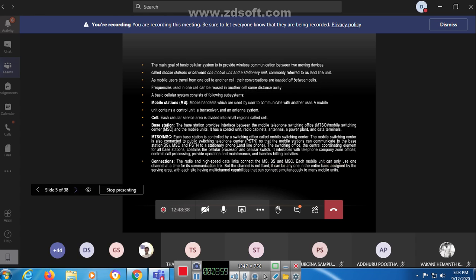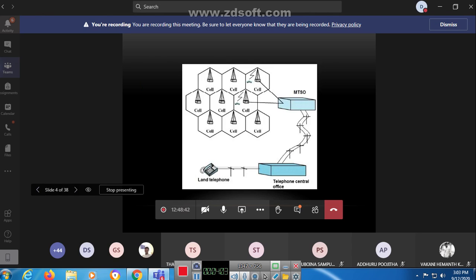Next, we already know the cell shape. What are some definitions we discussed yesterday? Here one hexagonal cell is there, another hexagonal cell is there, and the signals come from cell 1 to cell 2.